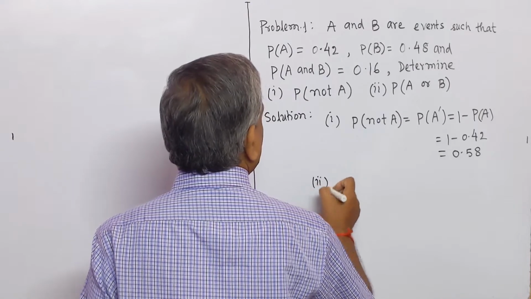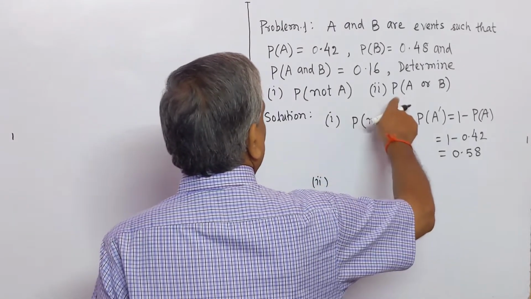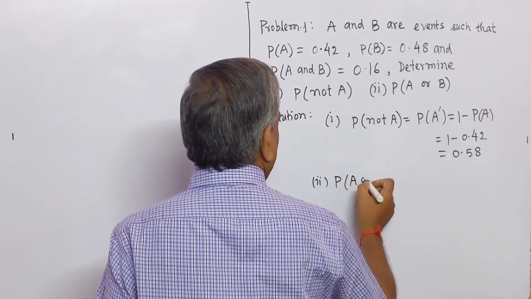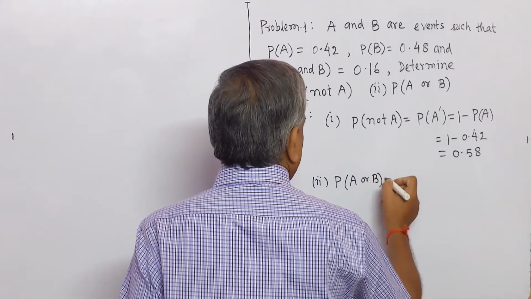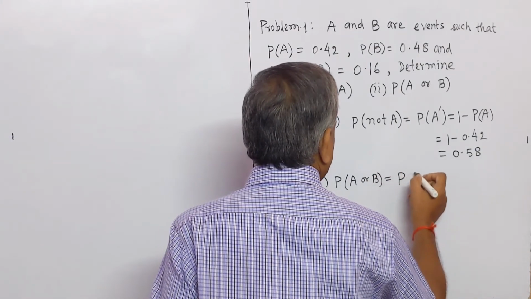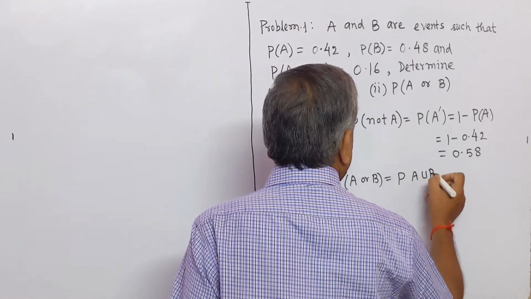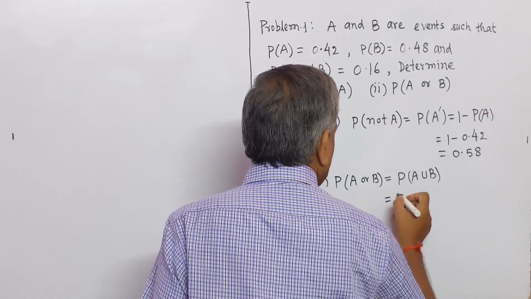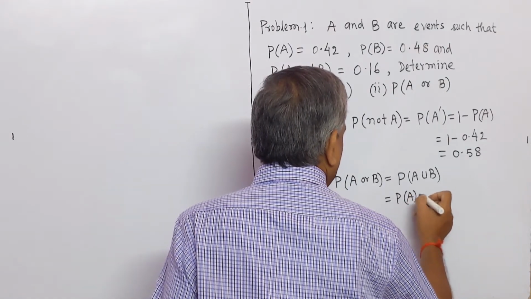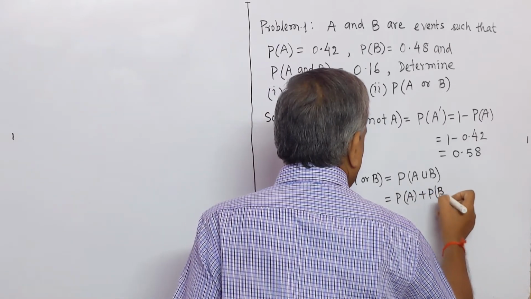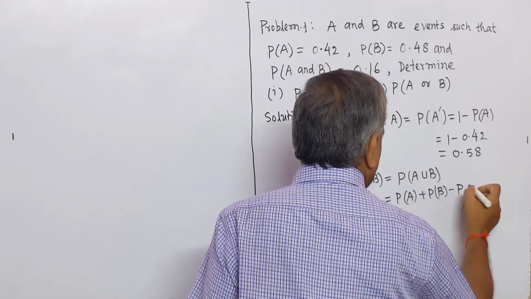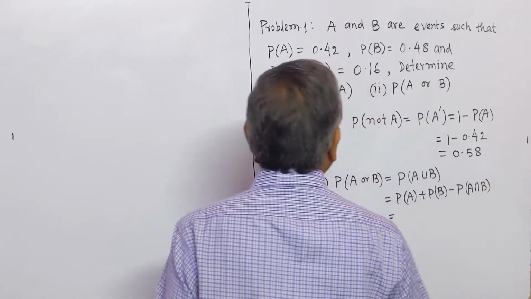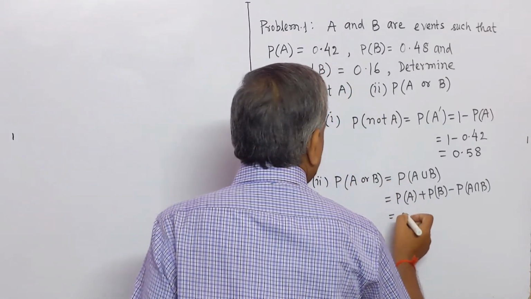Number 2. Probability of A or B. Or means union. Probability of A union B. From total probability we know that this is equal to PA plus PB minus P A intersect B. Here probability of A is 0.42.